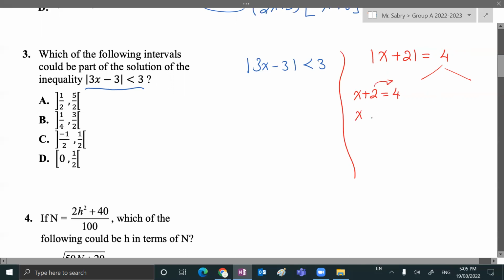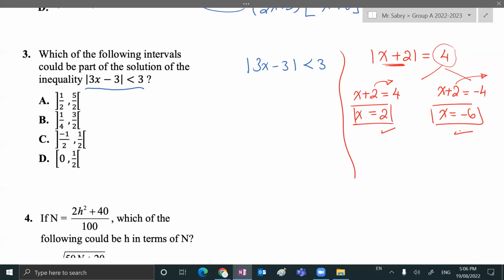Move the 2 to the other side, so I'll have 4 minus 2, meaning x equals 2. Now for the other part, you'll take x plus 2 as it is, without the absolute, but instead of positive 4 you'll write negative 4. You'll move the 2 to the other side and you'll have negative 6. So now you have 2 values for x.